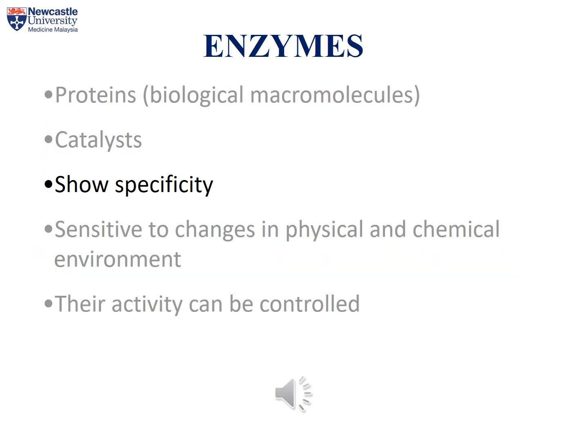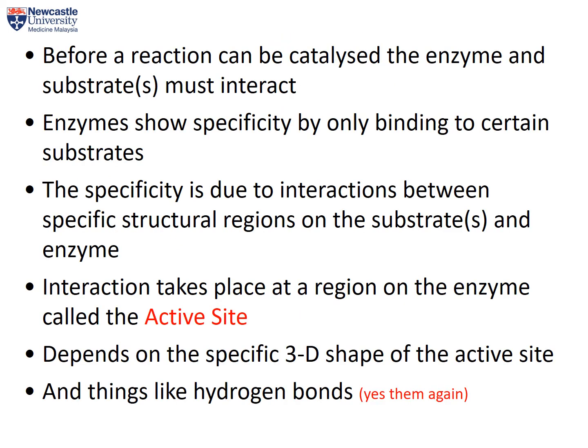And next, we will look at the specificity of enzymes. Okay, before a reaction can happen, both enzyme and substrate must interact in close proximity and they must interact in the right orientation. And now you also learn that enzymes show specificity by only binding to certain substrates. And this specificity is due to the interactions in between specific structural regions on the substrates and on the enzyme as well.